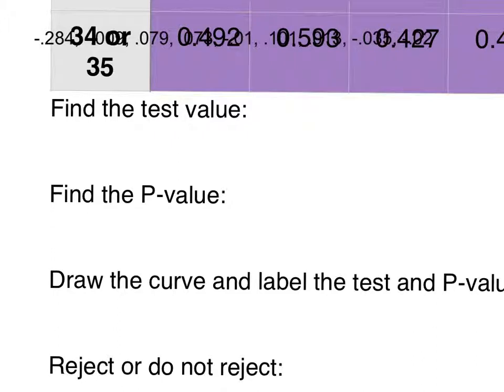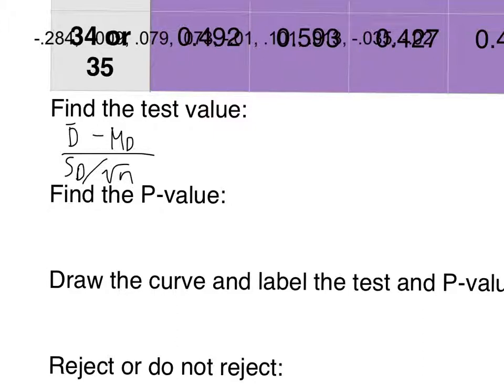So basically we're going to use those numbers and plug them into this equation, d bar minus mu sub d over s sub d over square root of n.